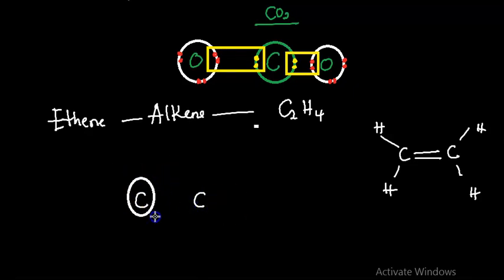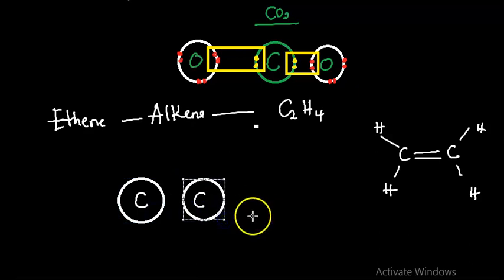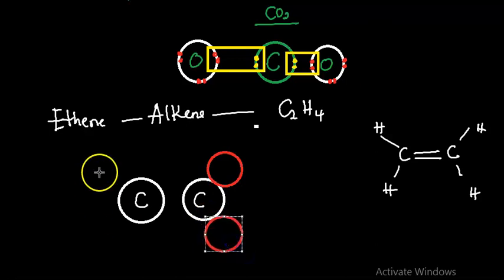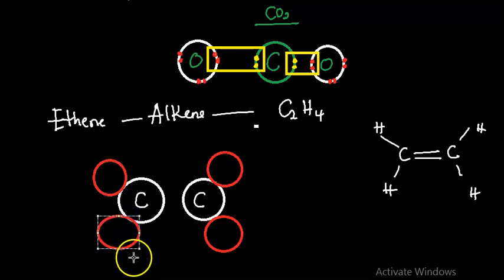This is the first carbon. This is the second carbon. And we have 4 hydrogen. Let's label them 1, 2, 3, and 4. One thing I need you to be familiar with is that hydrogen has 1 valence electron, and carbon has 4 valence electrons.